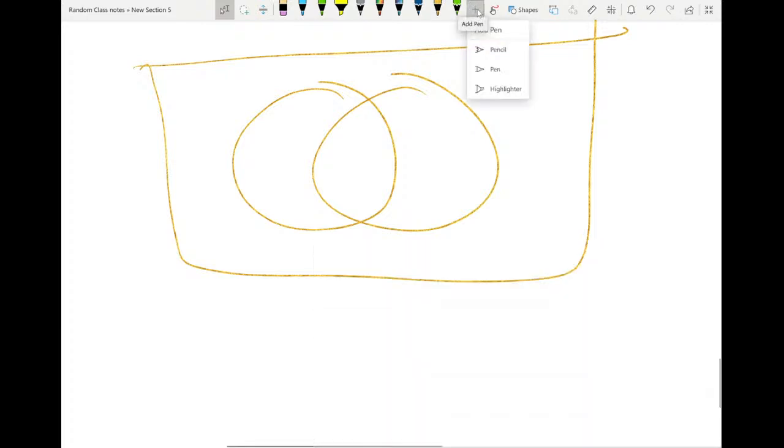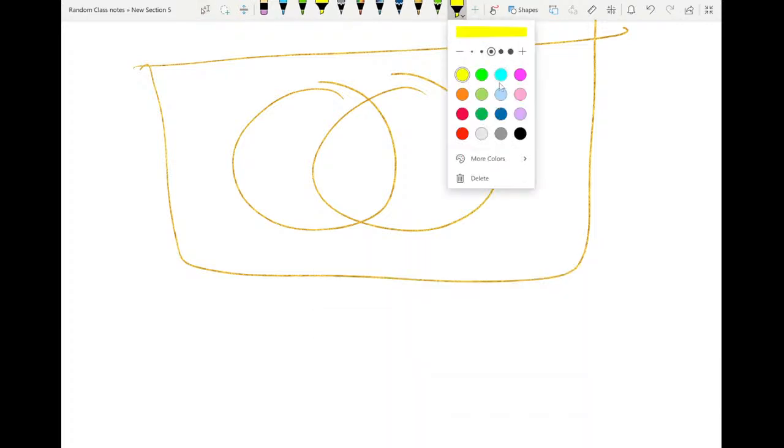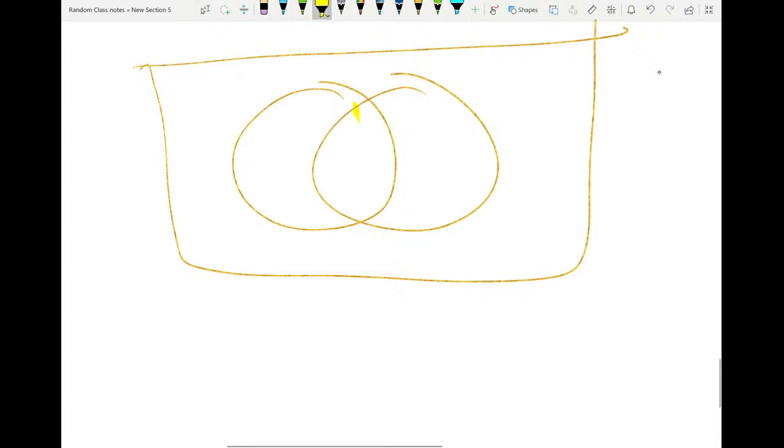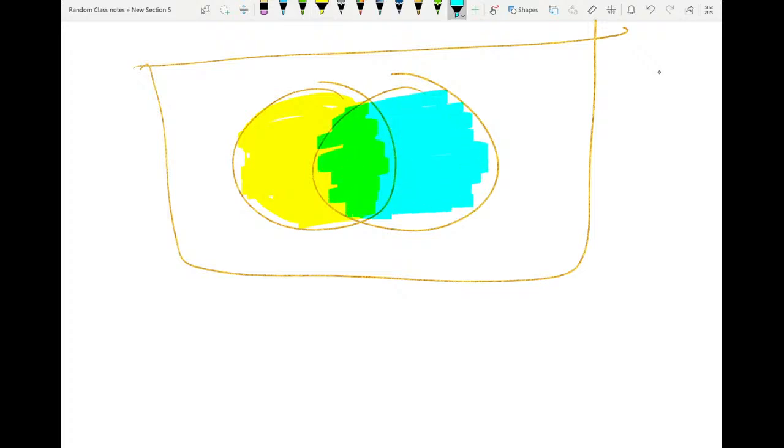Let me add two types of highlighter. So if I'm talking about intersection and I want to see where the two colors overlap, it's easier for us to see where the two colors overlap, and we see that it's this region right over here. That's what we'll be looking at: how certain colors overlap and certain colors don't overlap.